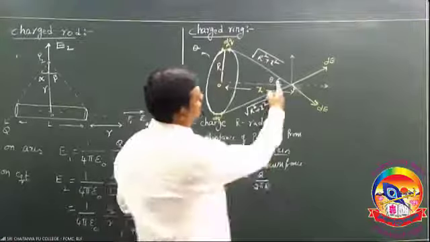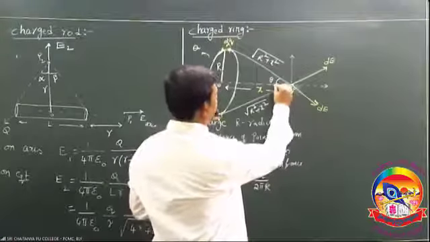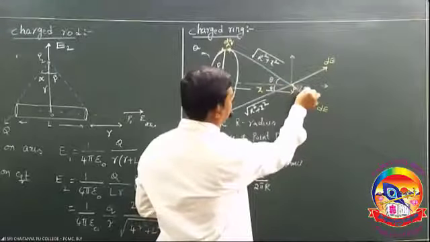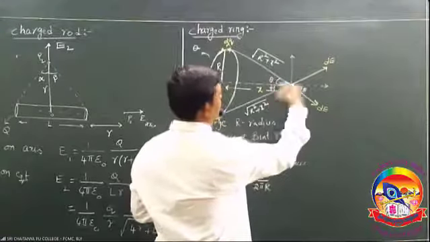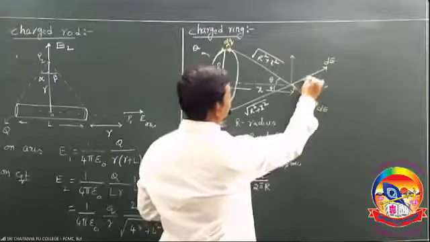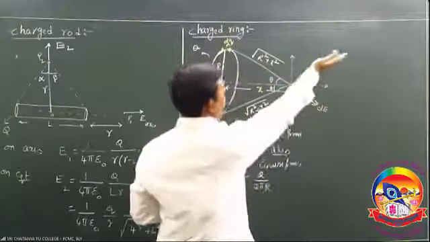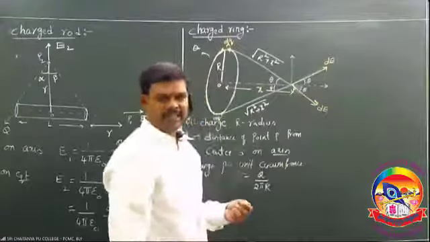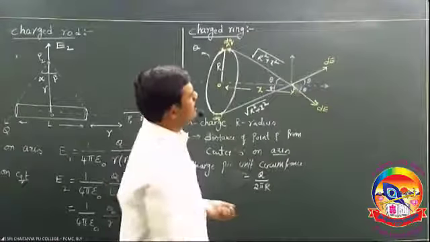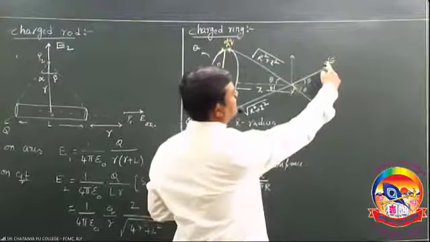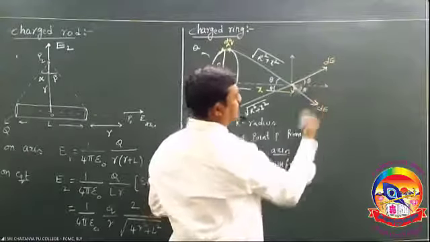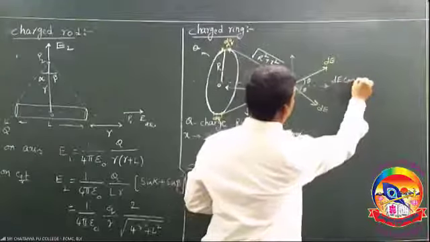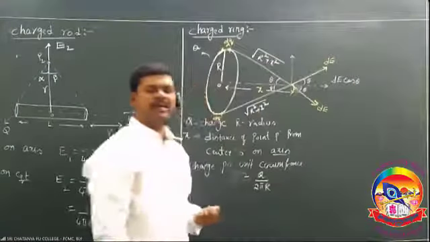If here the angle is theta, here also the angle is theta, because this is a straight line. What is the component of this dE along the axis? dE cos theta.